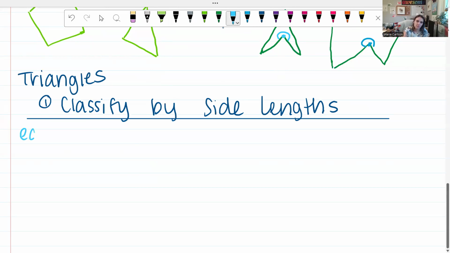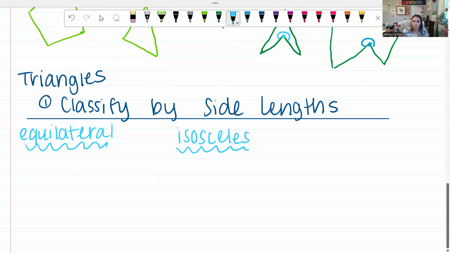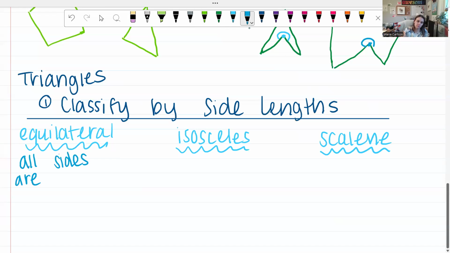Your side lengths produce an equilateral triangle, an isosceles triangle, or a scalene triangle. Now, equilateral means that all of our sides are the same measure, which means they're congruent.